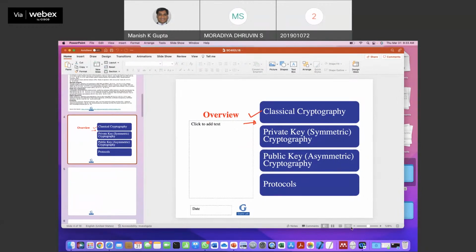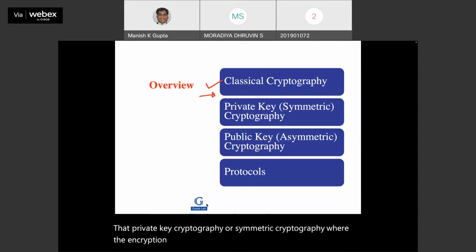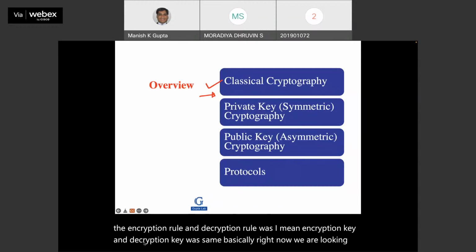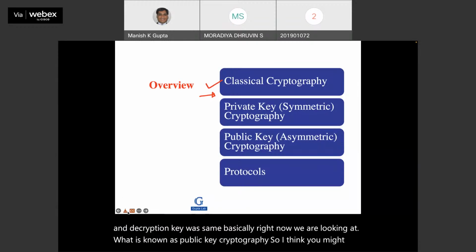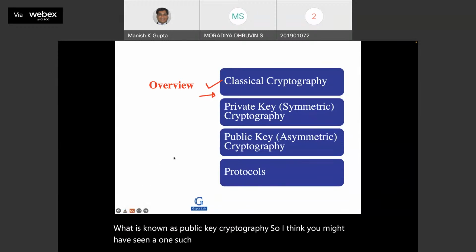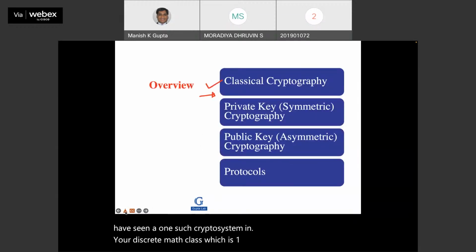So, in the last class, we looked at private key cryptography, or symmetric cryptography, where the encryption key and decryption key were the same. Now we are looking at what is known as public key cryptography. You might have seen one such crypto system in your discrete math class, the RSA crypto system.